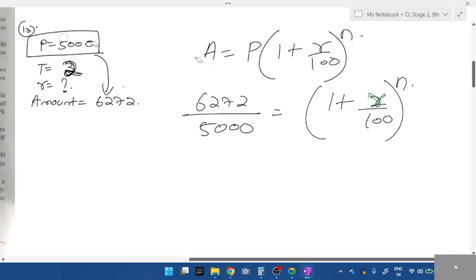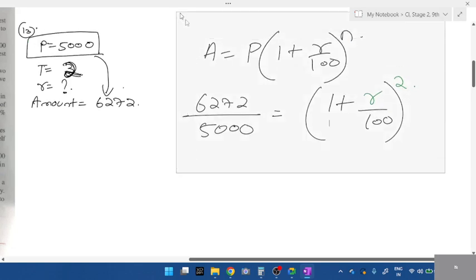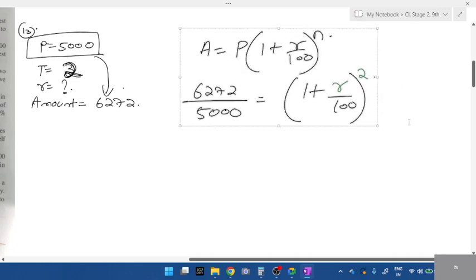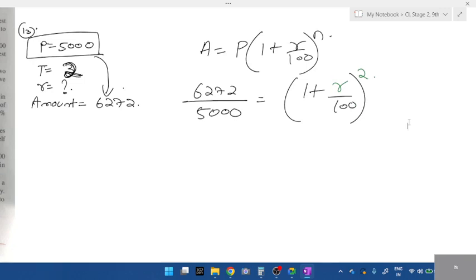N is given, right? N is how much? N is 2. Reduce this, students. Reduce using the 2 times table before shifting the square to the other side.